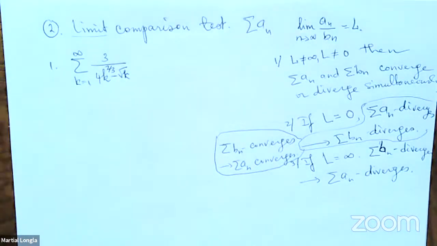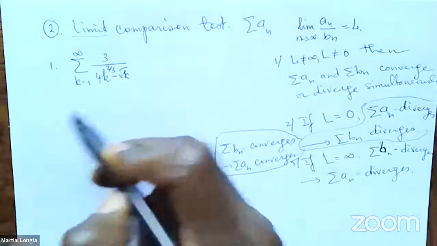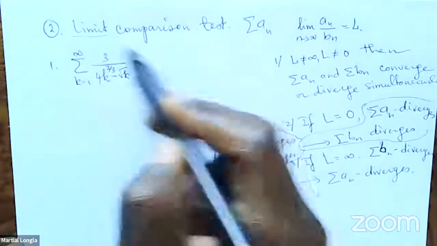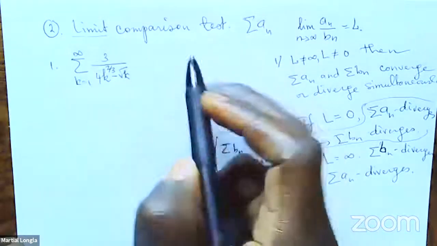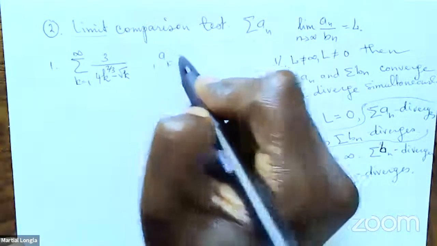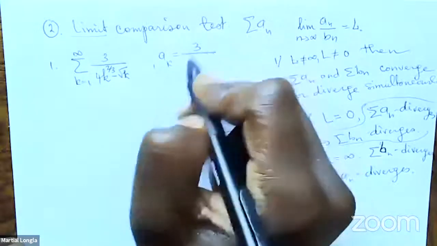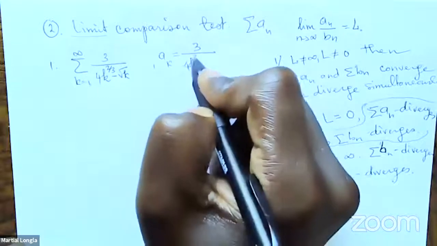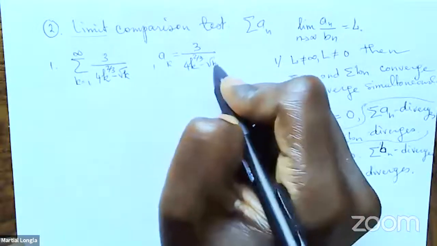In this case, we can also answer it using the limit comparison test. When we have a question of this form with polynomials, we think of b_k. a_k here is 3 over 4k^(2/3) minus root k.